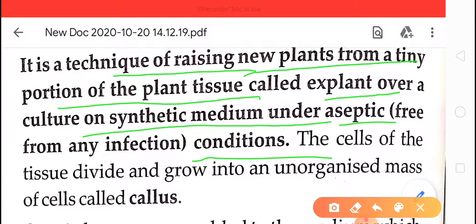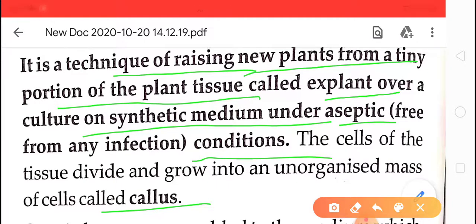From the small portion of plant tissue, a callus develops. The cells divide and grow into a mass of cells, that is callus. Then when the callus converts into a small plant, we take the small plant from the test tube and grow it in the soil.